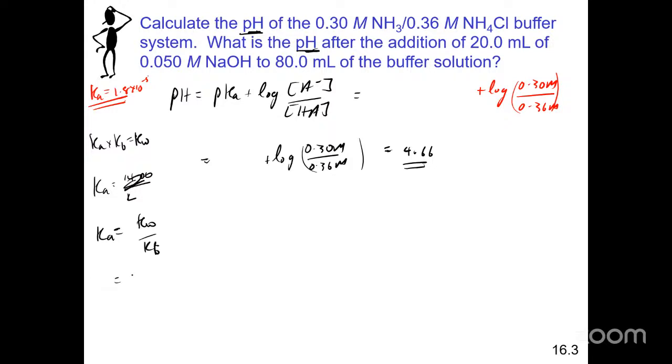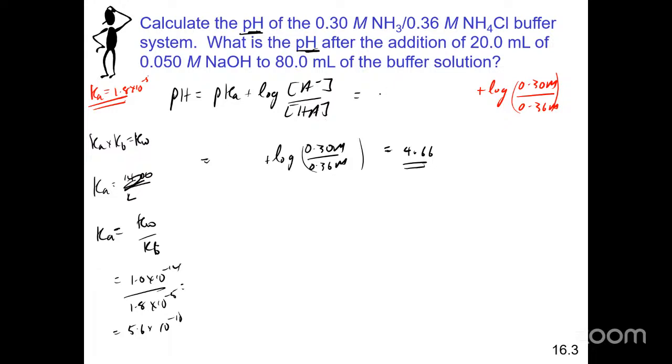And this will be equal to 1.0 times 10 to the minus 14, divided by Kb, which is 1.8 times 10 to the minus 5. That's what I should have done. So 1 times 10 to the minus 14, divided by 1.8 times 10 to the minus 5, and that will be equal to 5.6 times 10 to the minus 10, and that goes here.